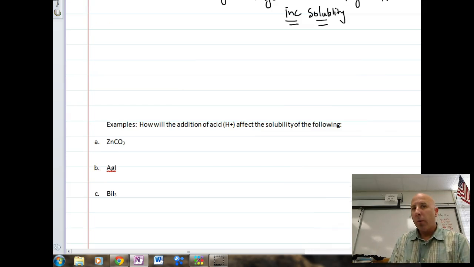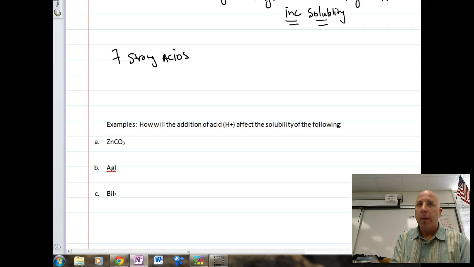Now, before we dive into our examples, let's review something real quick. We know that we have 7 strong acids, 7 strong acidic solutions that dissociate 100% of the way, and we know what those are. Let's just pick one of them. Let's say we'll pick HBr. Now, HBr is a strong acid. We react it with water.